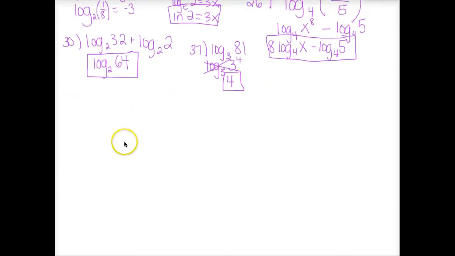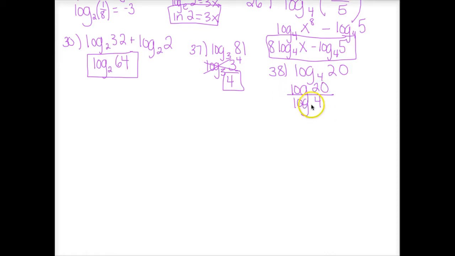All right, now moving on to the change of base formula that some of you probably wanted to use in 37 but can't. So 38, change of base formula, it asks you to rewrite it first. So you had log base 4 of 20. When you use change of base formula, it's common log of the big over common log of the small.